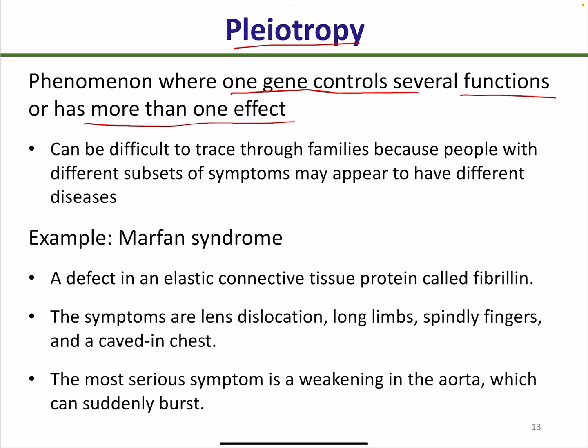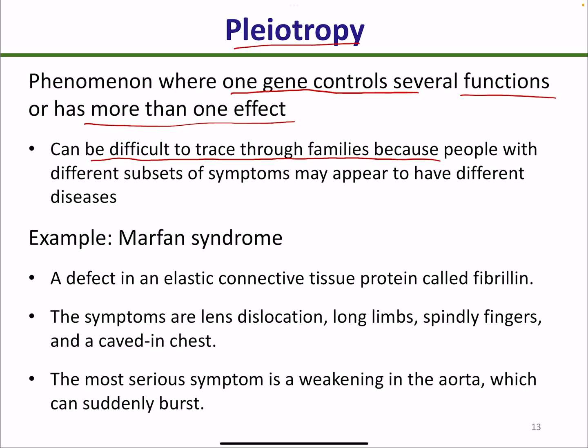Pleiotropy can be difficult to trace through a family. Why? Because people with a different subset of symptoms may appear to have different diseases. For instance, some individuals with cystic fibrosis can have an infertility issue, while other people with cystic fibrosis do not have infertility issues but have chronic respiratory issues.